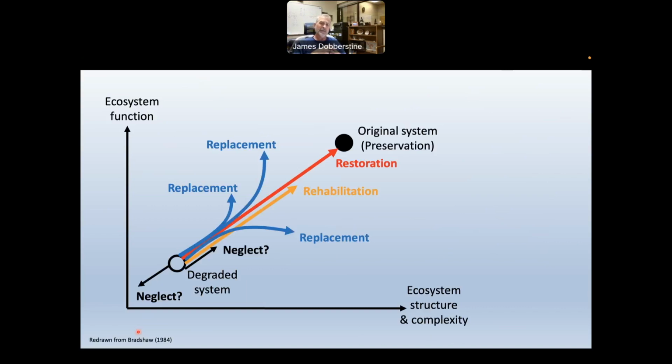Replacement is typically taking one type and replacing it with something else. So that might be replacing forested riparian wetland or coastal bottomland with marsh. You're replacing it with something that really has a different type of function.